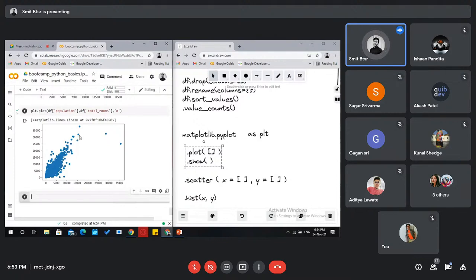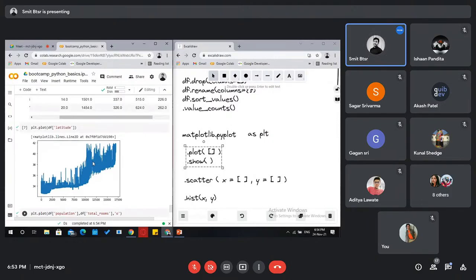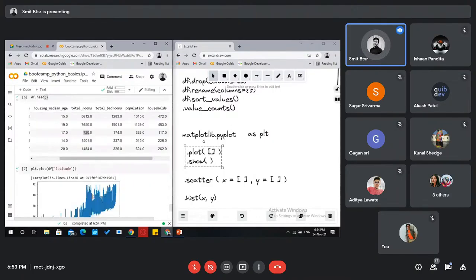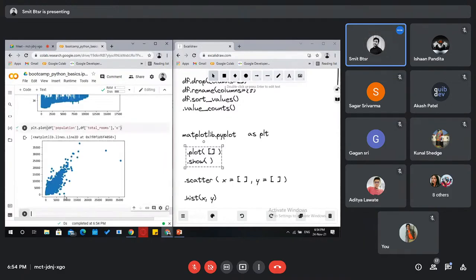So this whole cluster is the rows of values. This data is of houses, right? Most of the houses are in the population area from 0 to let's say 10,000, and the count of rooms is between 0 and 20,000.